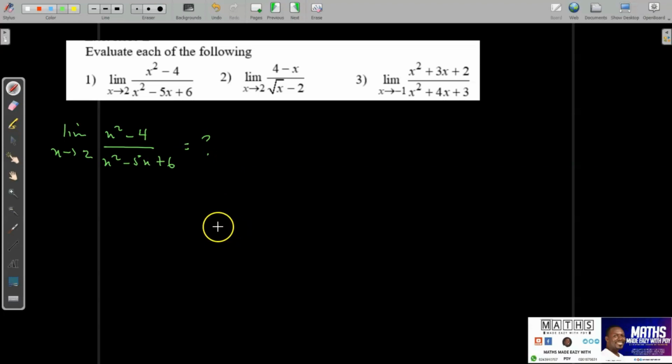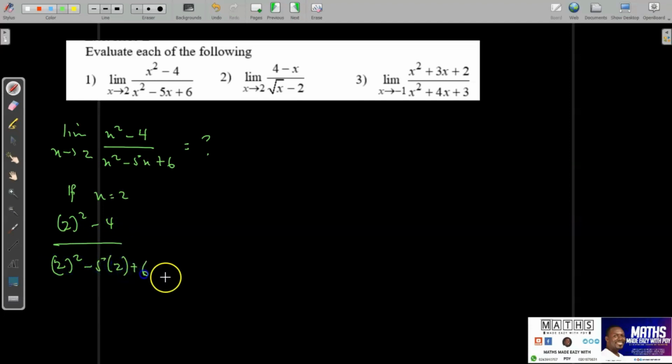Now, in the first place, let's ask ourselves some basic questions. When we substitute 2 directly in here, are we going to get an answer or not? Let us test with our calculator. If you have x equal to 2, it means you have 2 all squared minus 4 divided by 2 all squared minus 5 times 2 plus 6.